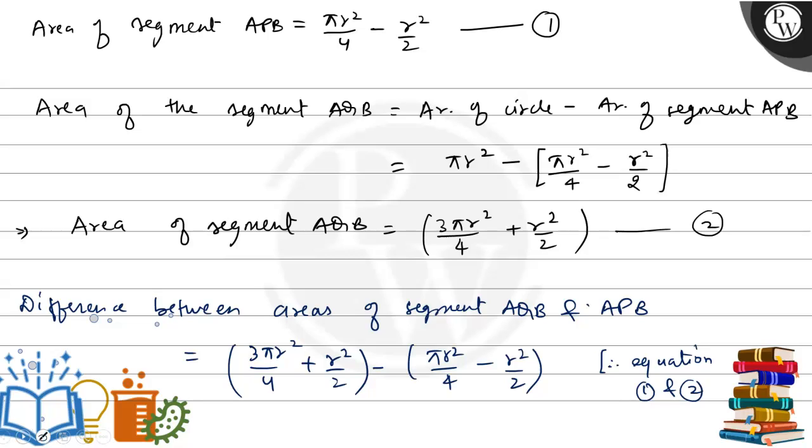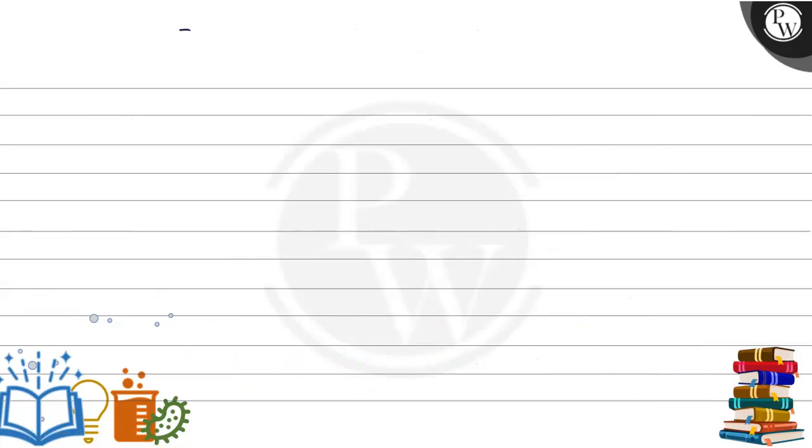Okay, now let's proceed further. On solving the expression, it will be 3 by 4 pi r square plus r square by 2 minus pi r square by 4 plus r square by 2. I have multiplied the minus inside. And on solving this expression, when we subtract, 3 pi r square by 4 minus pi r square by 4, it is 2 by 4 pi r square, and on adding the other terms it will be 2r square by 2.